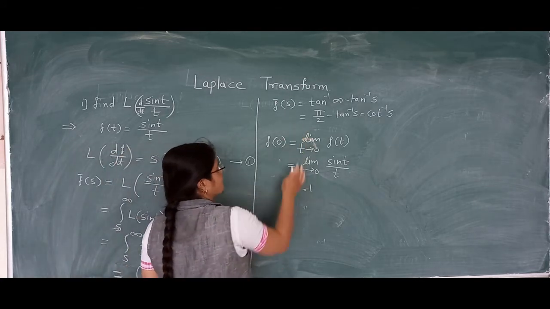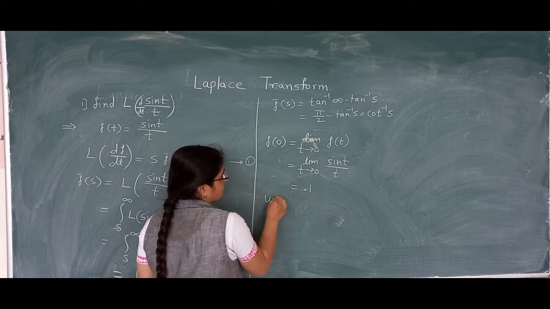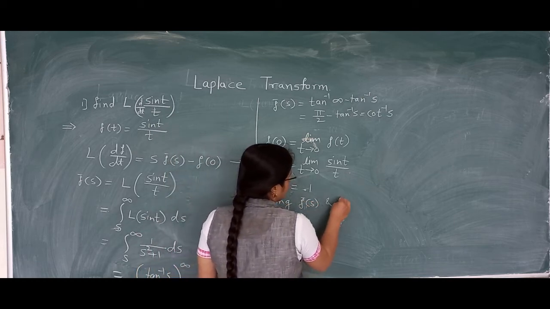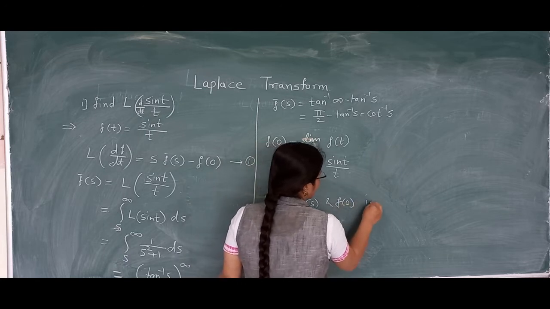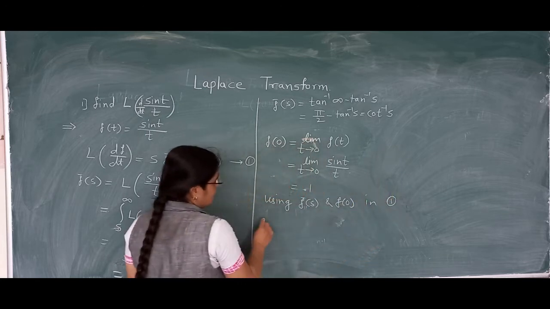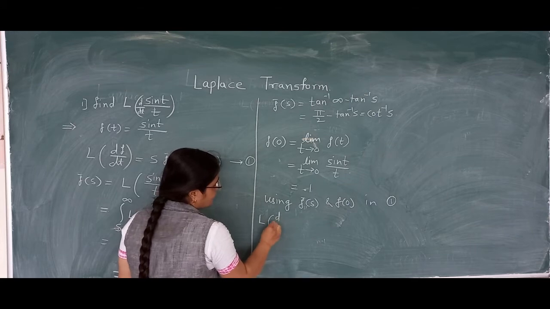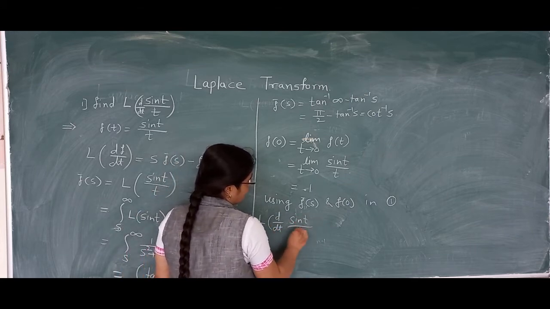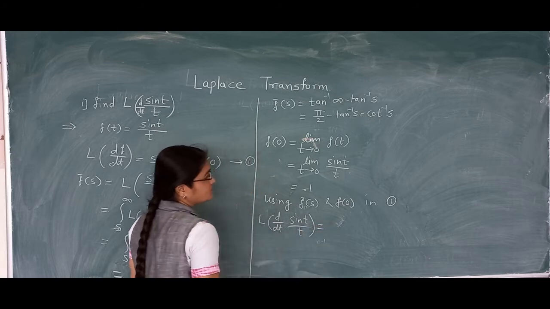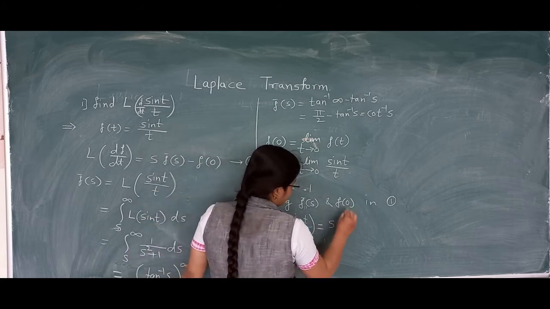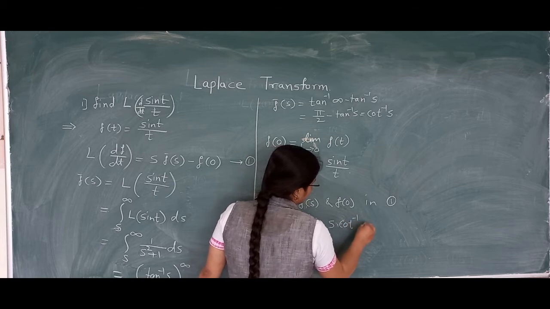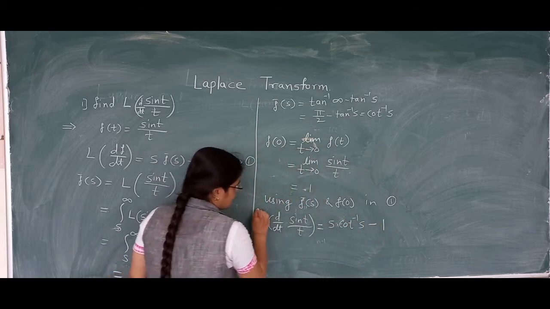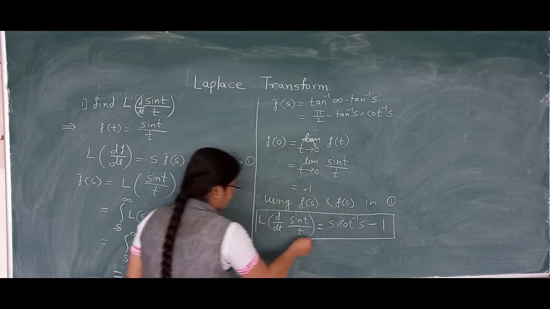Using both the values, f bar of s and f of 0 in 1, we get Laplace of d/dt of sin t upon t is equal to s into cot inverse s minus 1. That is the answer of this question.